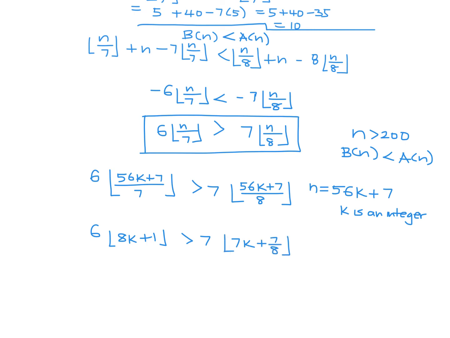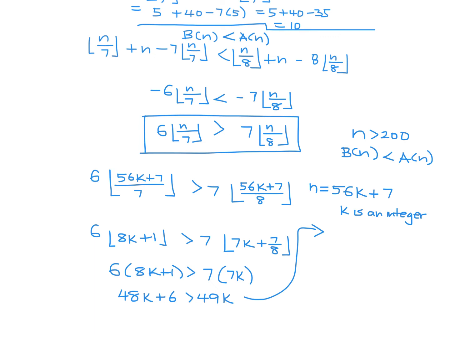Now, since k is an integer, this is already an integer, so this is just going to be 6 times 8k plus 1. But 7k plus 7 over 8, that is a fraction. So when you take the lowest integer value, it's going to be just 7k. So that's what it boils down to. Now this becomes 48k plus 6, and this is 49k.